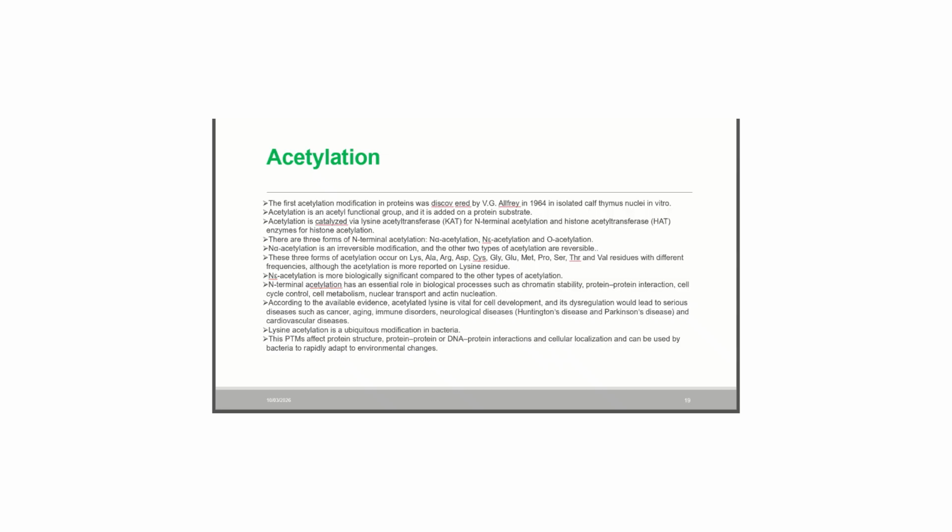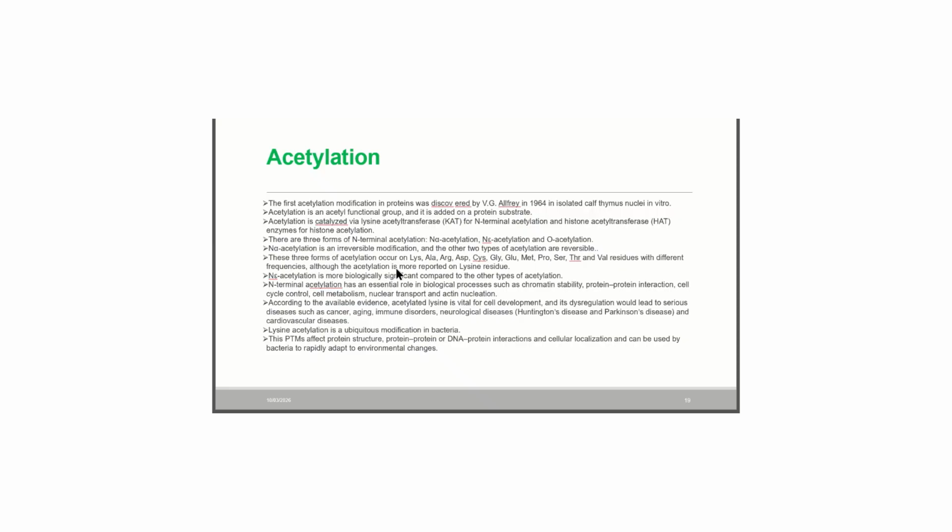There are three forms of N-terminal acetylation, which are called N-alpha acetylation, N-epsilon acetylation, and O-acetylation. The N-alpha acetylation is an irreversible modification, so this is out of the context of reversible post-translational modification, and the other two types of acetylation are reversible.